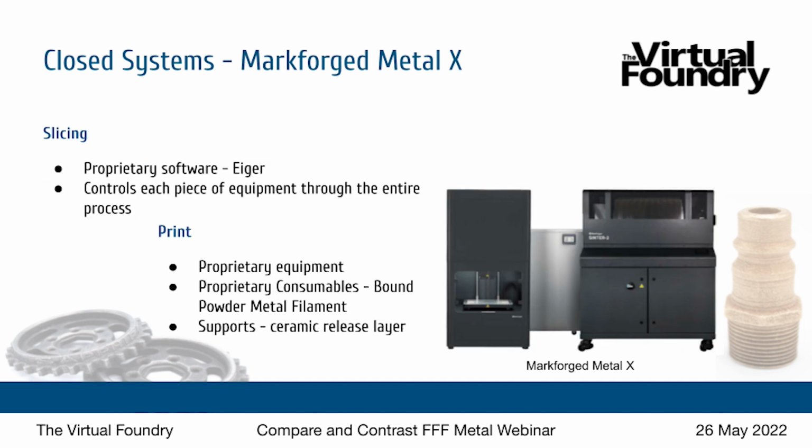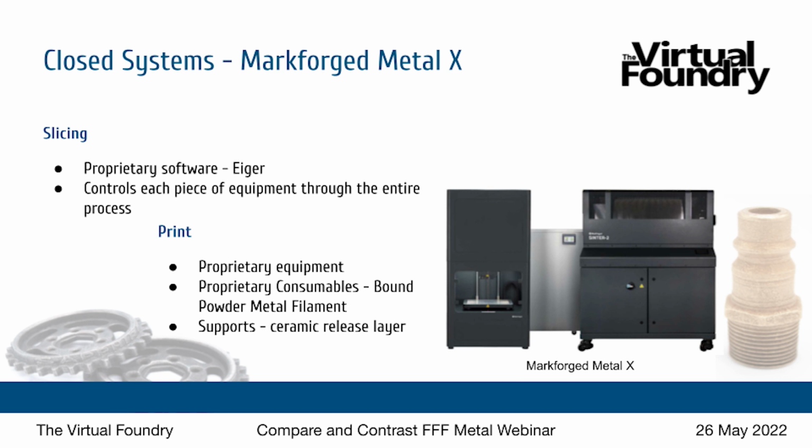Next, moving on to the Metal X system by Markforged. For slicing, they have their proprietary software as well. It's called Eiger. And that, again, will control each piece of equipment through the entire process. For printing, you're using their printer. You're using their proprietary consumables, which are a bound powder metal filament.